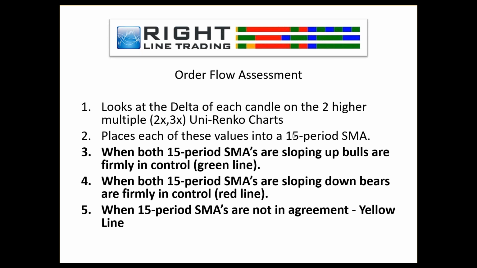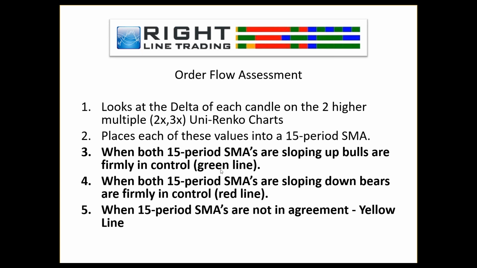So it accurately tells you who is in control of the market, the bulls or the bears, and that is all we're interested in. So when both 15-period SMAs of those two higher time frames are sloping up, we know that bulls are firmly in control of the market. There's going to be a significant amount of buying pressure. Supply will not meet demand, and price is going to rise.